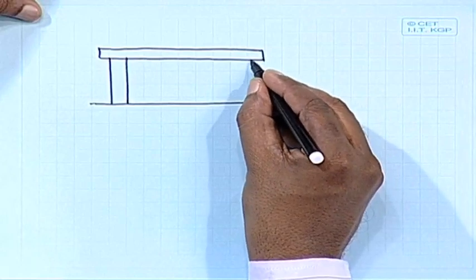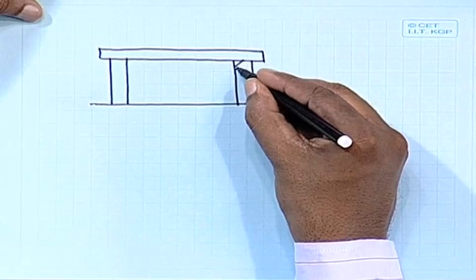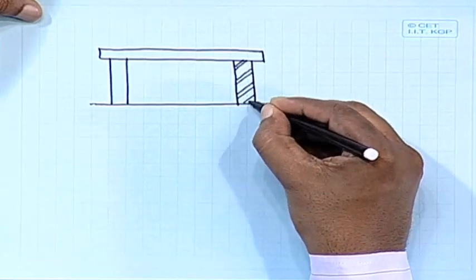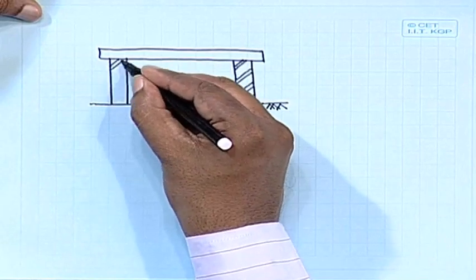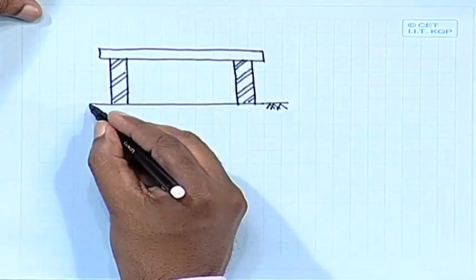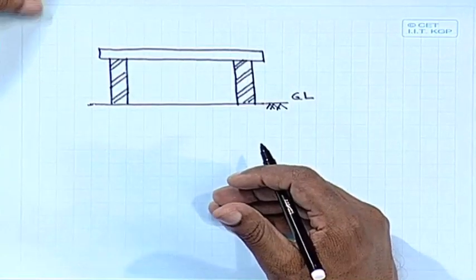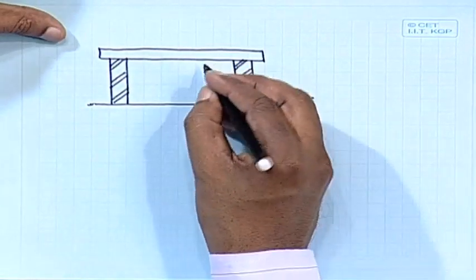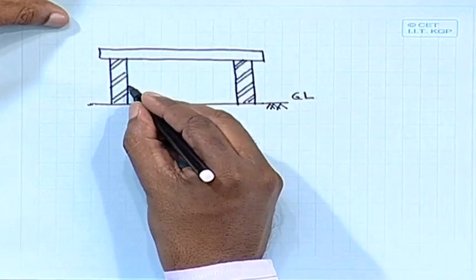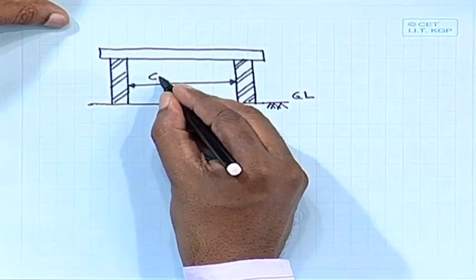We can take it as if it is supported by two masonry walls. So, we have different spans. This is your ground level. We have foundation, but we are not interested right now. This may be a beam or a slab. This is your clear span, like clear cover, we can say clear span.